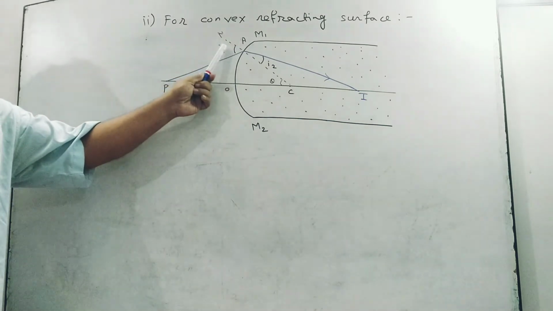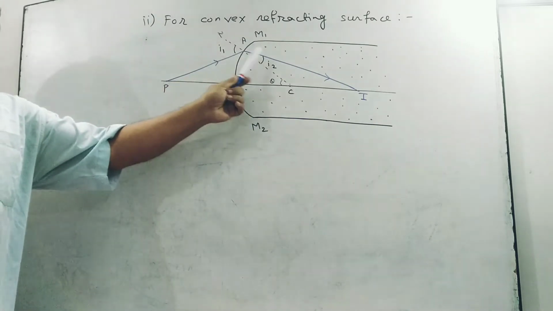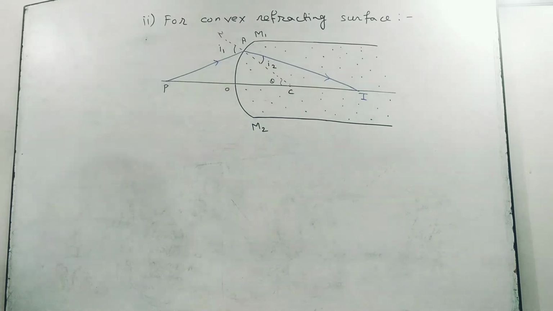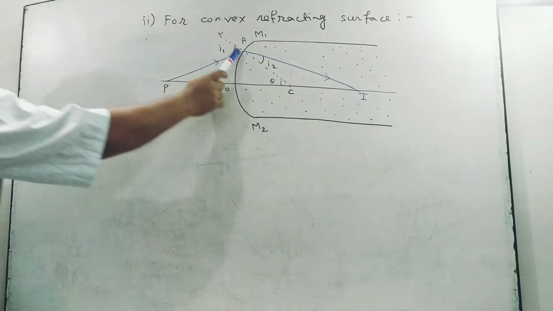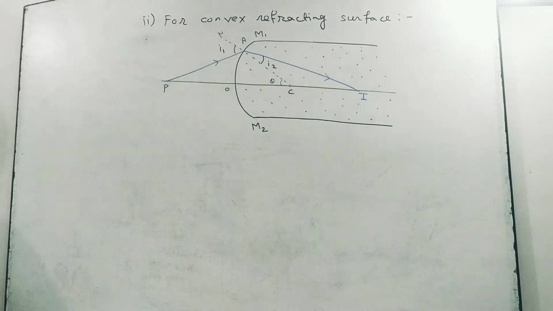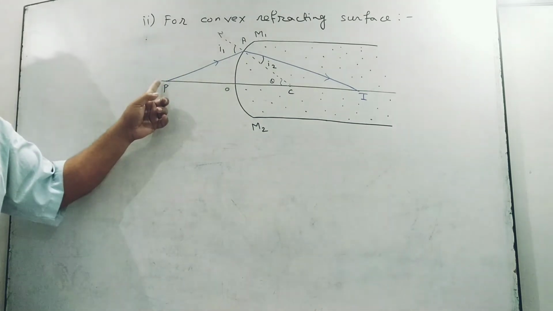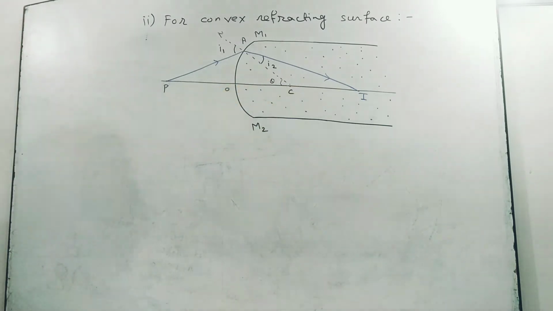Angle PAN is equal to I1, the angle of incidence, and angle CAI is equal to I2, the angle of refraction. OC is equal to CA, which is equal to the radius of curvature, OP is the object distance, and OI is the image distance.